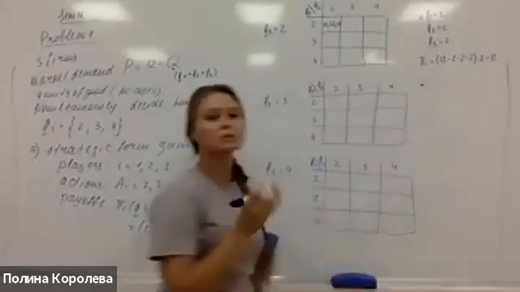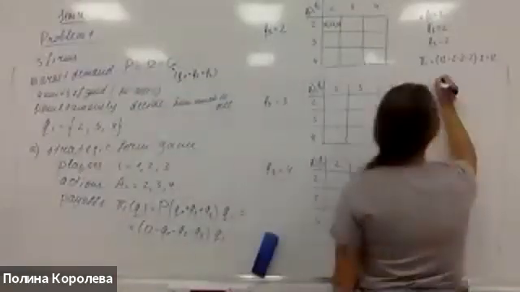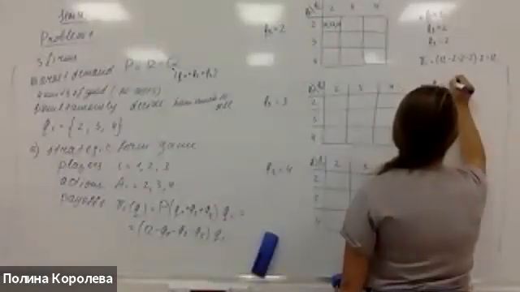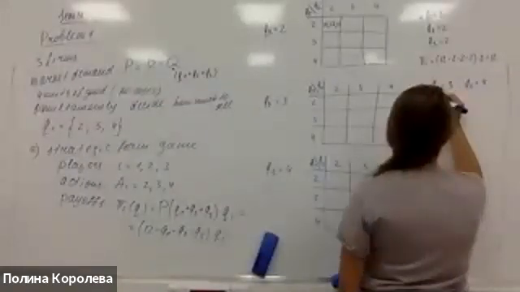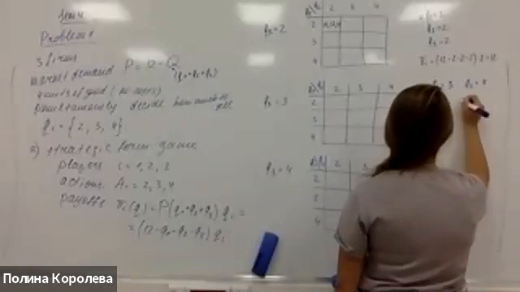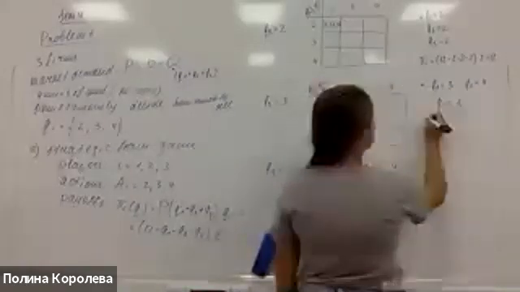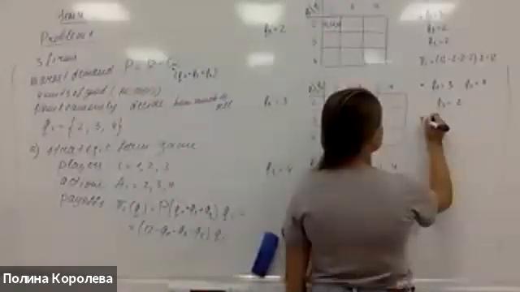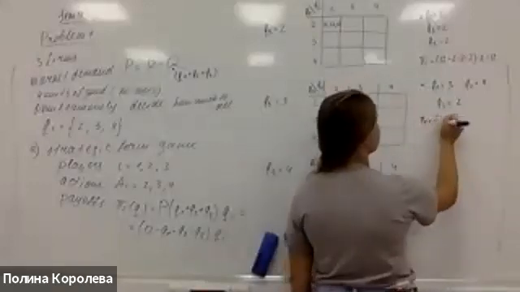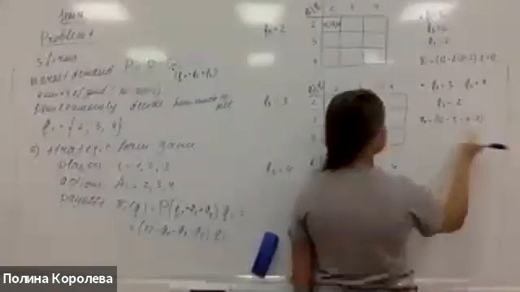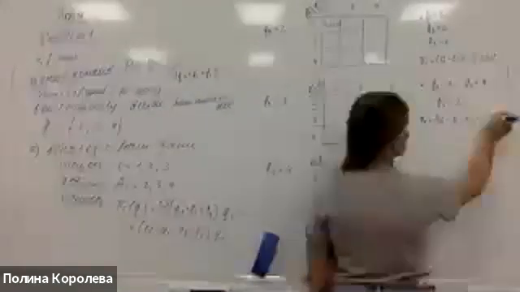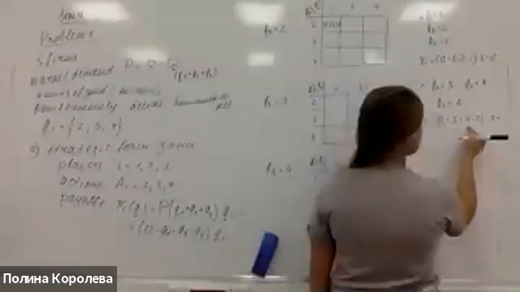For example, let's choose different quantities. The first player plays 3, the second player plays 4, the third player plays 2. So profit of the first player will be 12 minus 3 minus 4 minus 2, multiplied by the quantity of the first player, 3.